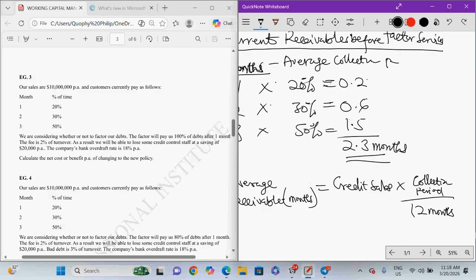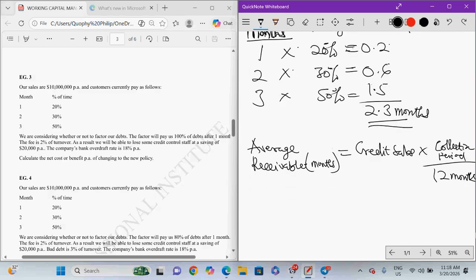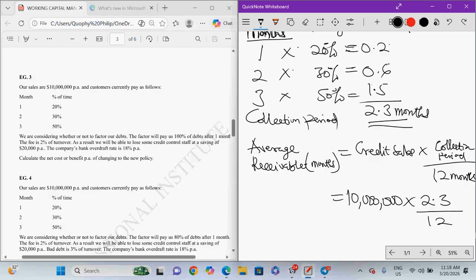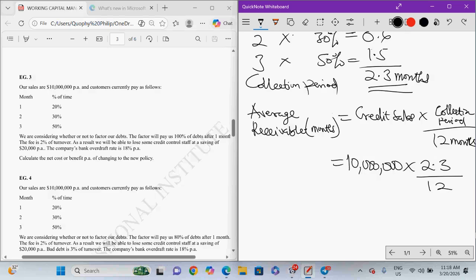This one is in months, so collection period over 12 months. So what is the credit sales? 10 million times the collection period, which is 2.3, all over the 12 months. What is our receivables amount? 1,916,666.67.